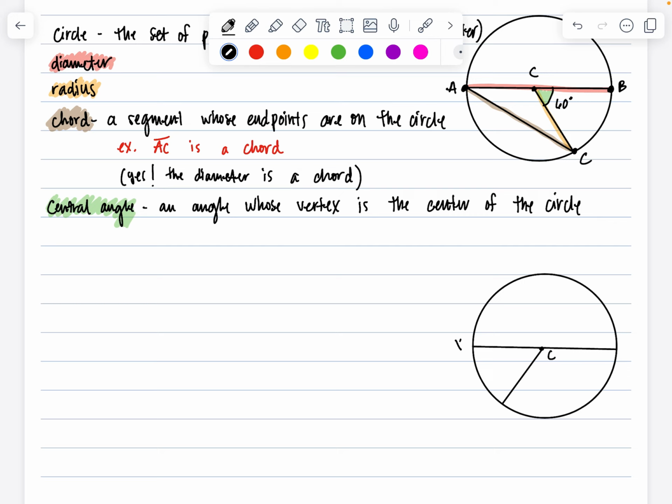I'm going to call this X, Y, and Z. Okay? And actually, no, X, Y, Z. I'm going to also call this 60 degrees. And we're going to talk about arcs and arc measures. So arc measures, we have 3 of them.